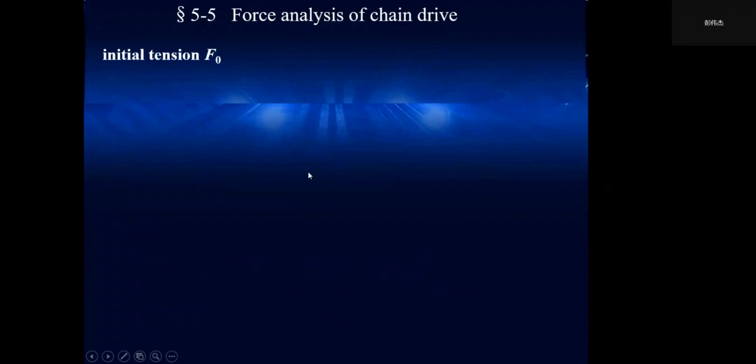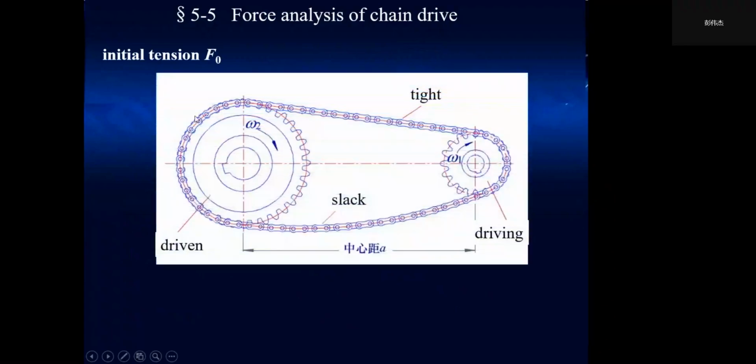And then there is an initial tension. Initial tension, or pretension F0, is applied when installing a chain drive.